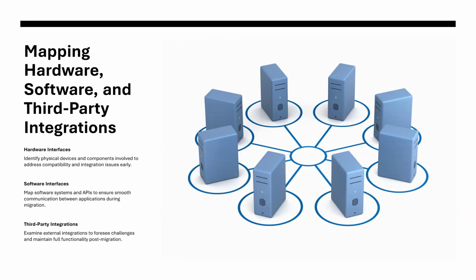All these things are really, really important when you're talking about migrating an application which is running in production. If you miss even a small part of the application, it is going to create a lot of problems when you're migrating. That will not help you to have a smooth migration.